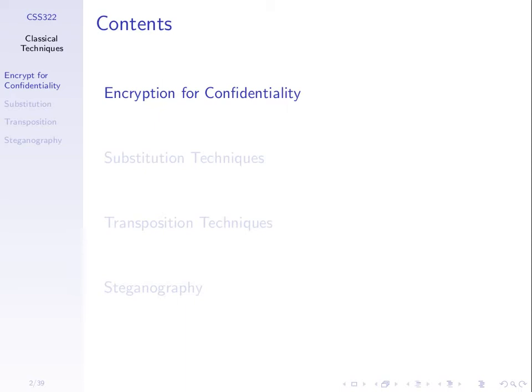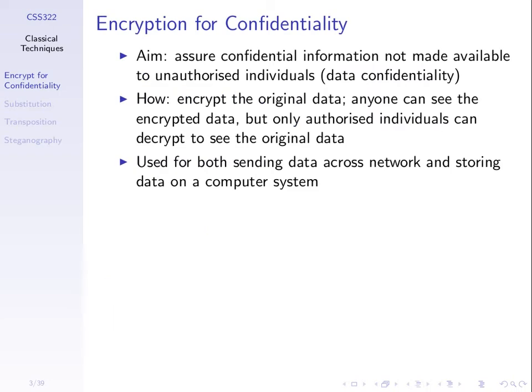So if I want to send data to a destination and for that data to be confidential, we use encryption. We encrypt the data first. So anyone can still intercept the message and see the encrypted data, but only the authorized users that receive it should be able to decrypt and see the original data.